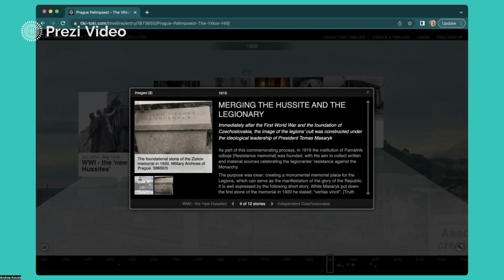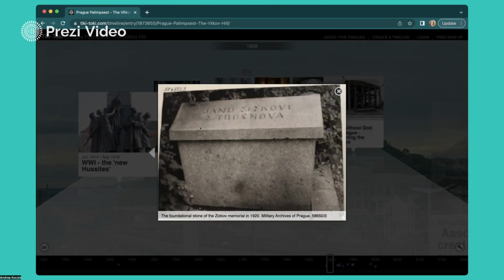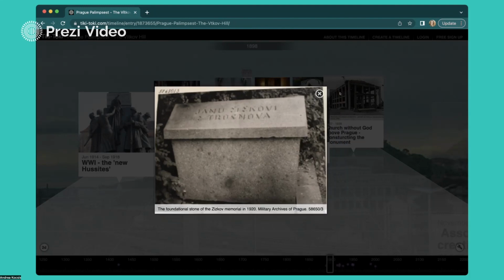And this is the time when in 1920, Thomas Masaryk put down the first building stone of the Vítkov Memorial on the top of Žižkov Hill.